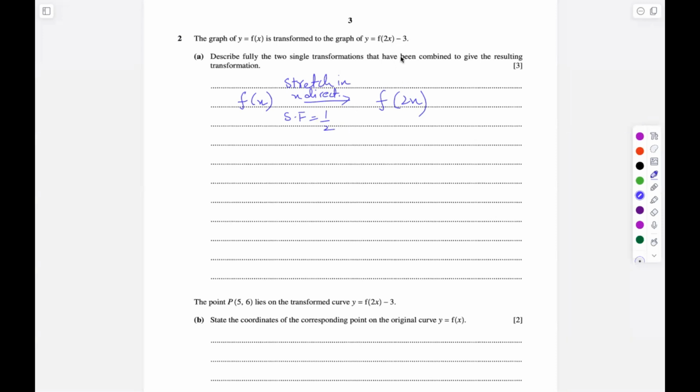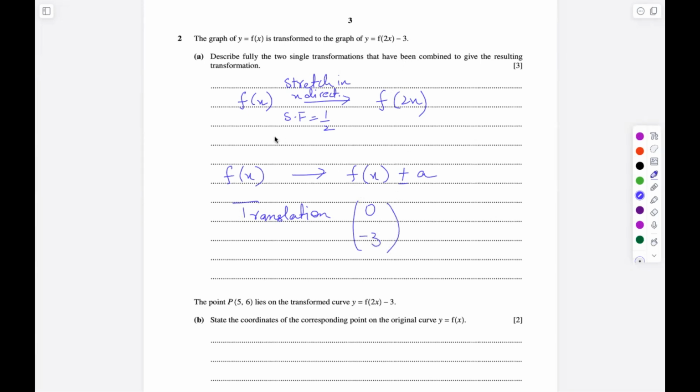And for this minus 3 outside the function, if you have a function f of x and it becomes f of x plus minus a, it means there has been a translation in the y direction. This will represent the vector 0 and a. In this case, this is minus 3, so we'll write 0 and minus 3.